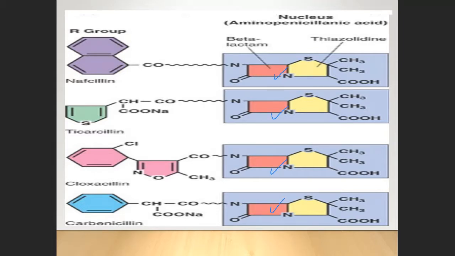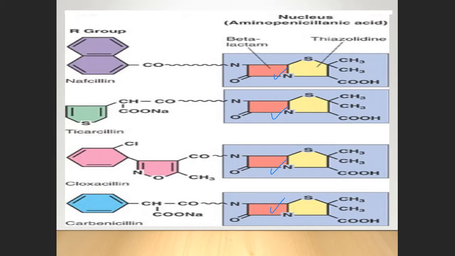The difference between the drugs, for example penicillin, cephalosporin, amoxicillin, is usually in what we call the R group, or side group, or radical group.